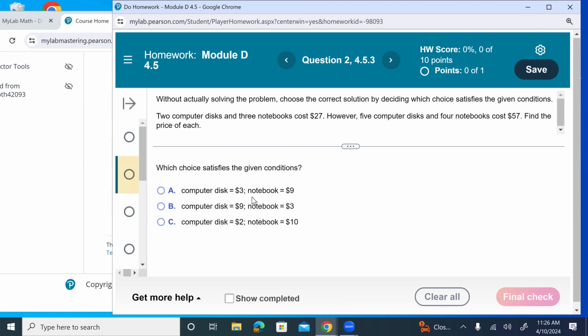2 of these would be 6. 3 of these would be 27. So this would be 27 just for the notebooks. That ain't gonna work, right? How about 2 of these and 3 of these? That'd be 18 and 9, that'd be 27.